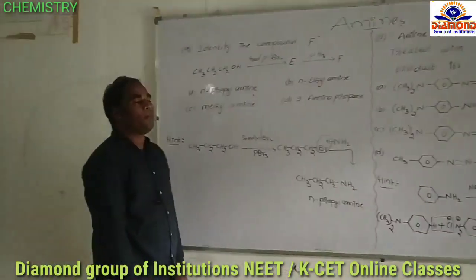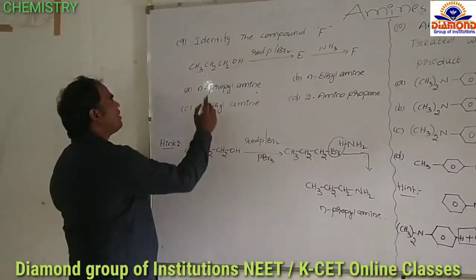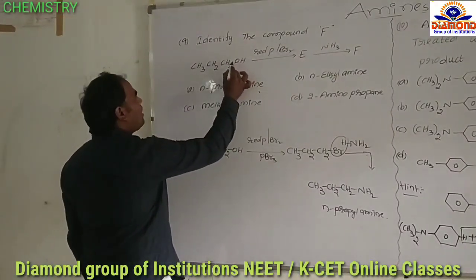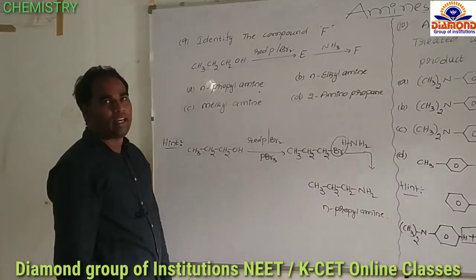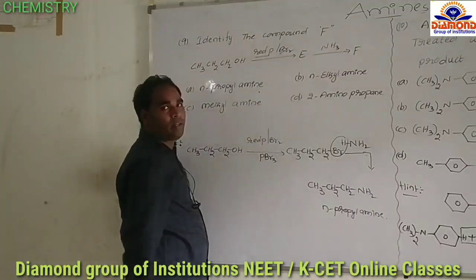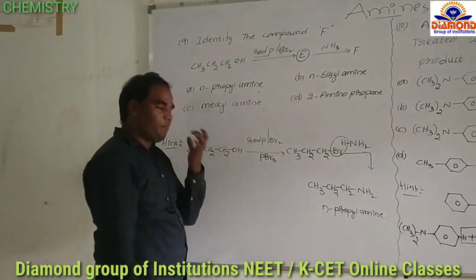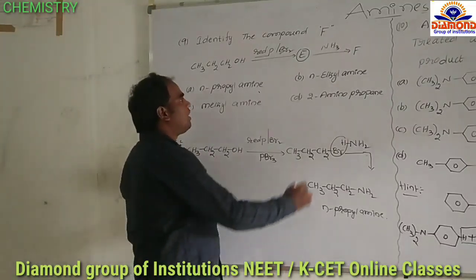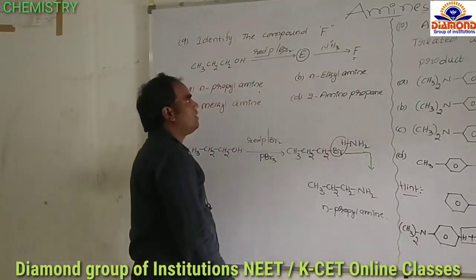Identify the compound F in this reaction. So see here, this is the reaction: alcohol, OH group. N-propyl alcohol reacts with red phosphorus and bromine. It forms E product. That E product reacts with ammonia, NH3, and forms F product.